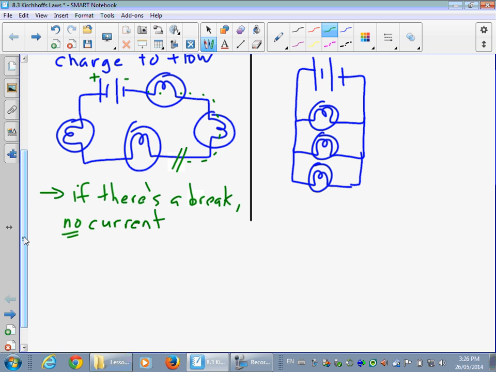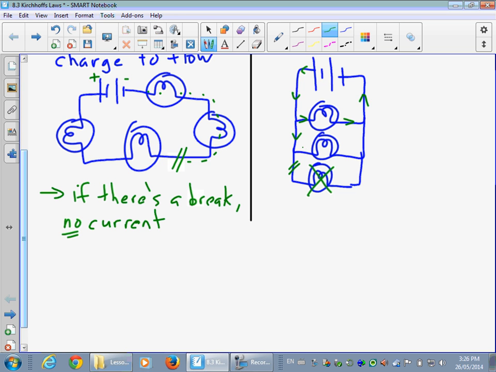Contrast that with a parallel circuit, and if there's a break, it really does depend on where the break is. So if the break is, say, here, then this light bulb wouldn't work because the electrons couldn't flow through there, but all the other bulbs, the electrons could flow through. So the current, remember conventional current going from positive to negative, would come up there, go through there, and then come back.